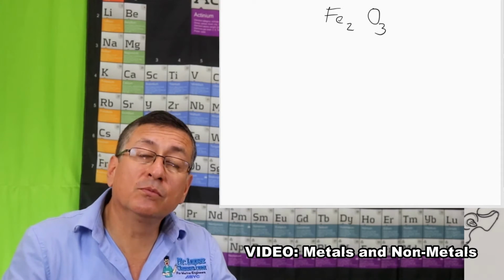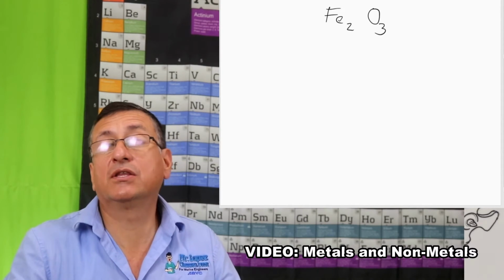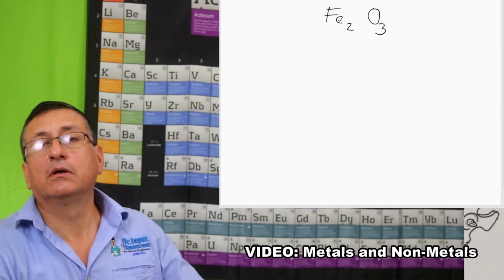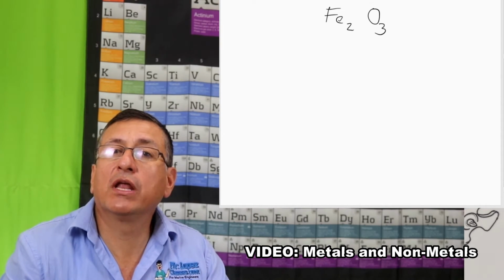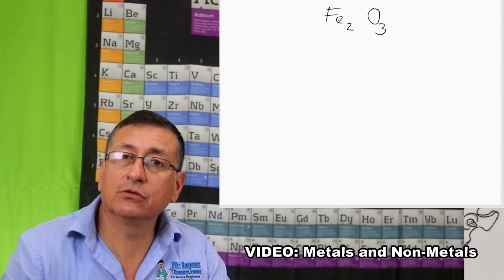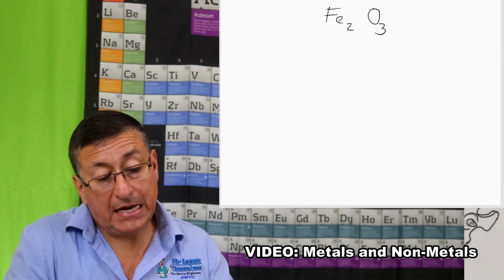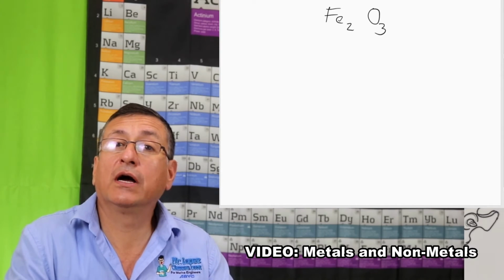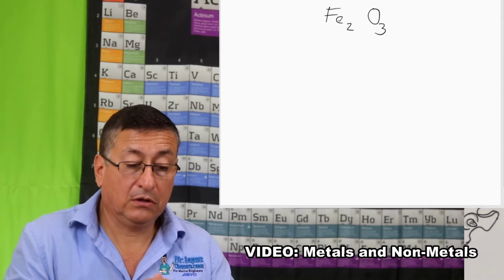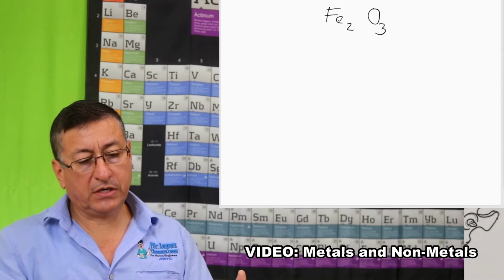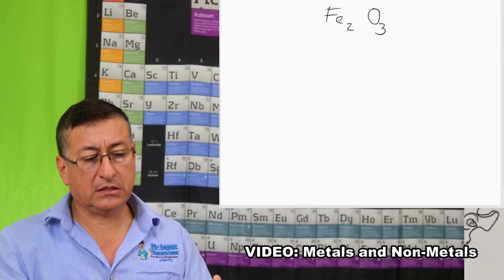You need 2 atoms of iron per 3 atoms of oxygen to create that molecule, the molecule of oxide of iron. That molecule is stable, but it's a lot of combination, no? It's 2 irons per 3 oxygens.